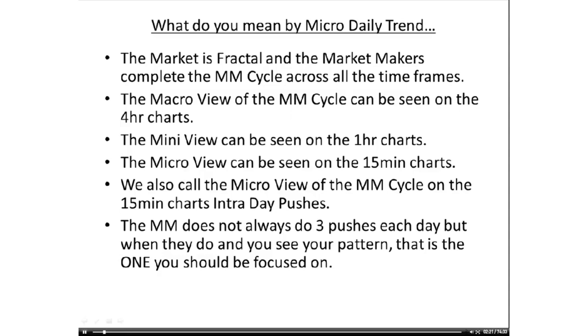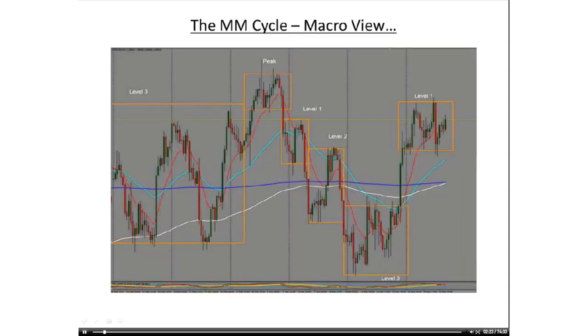All right, so here we go. This is the macro view. Okay, you can see a beautiful peak formation. You can see a beautiful peak formation here. All right, then you see a drop, rise, hit the stops, drop, rise, hit the stops, finally a drop.